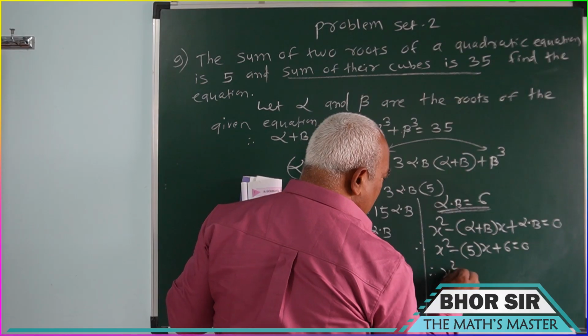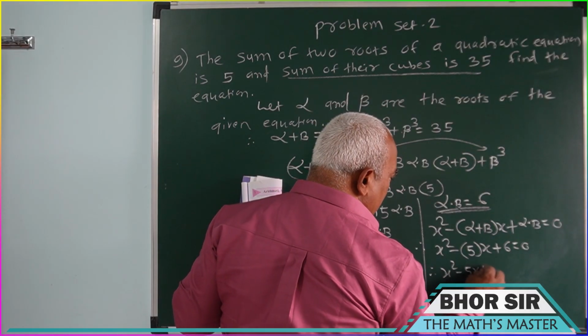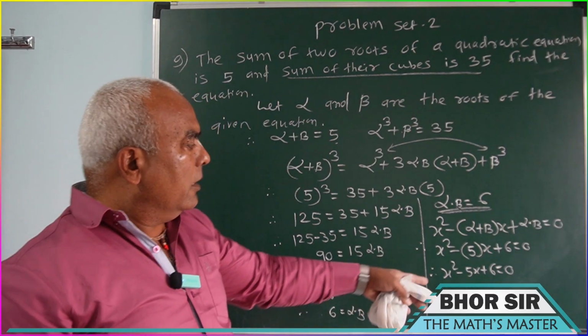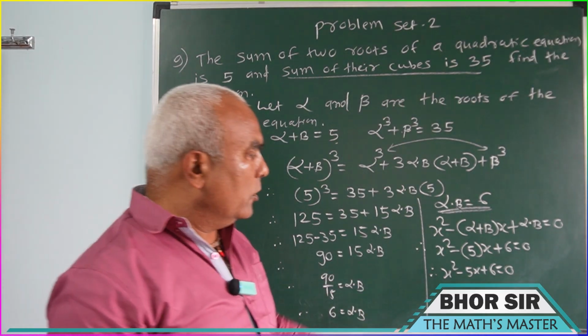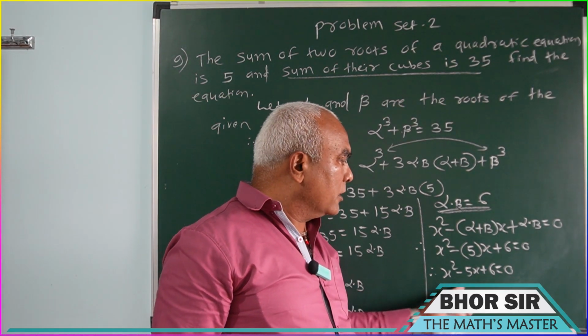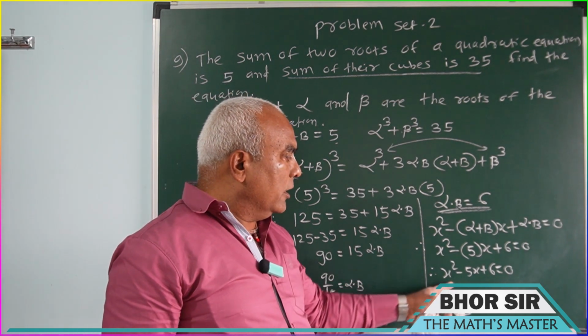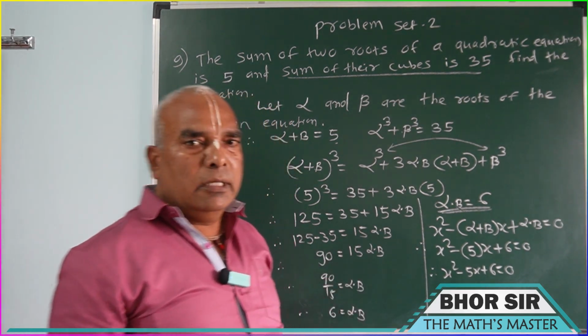Therefore, the equation will be x square minus 5x plus 6 equal to 0. This is the required equation. Therefore, we can say that the given equation is x square minus 5x plus 6.